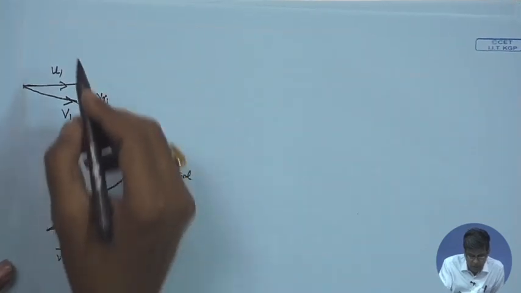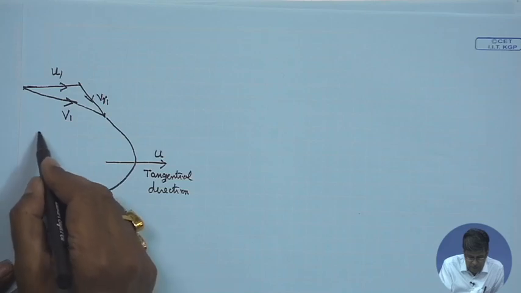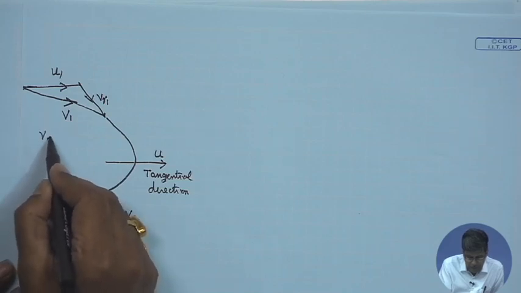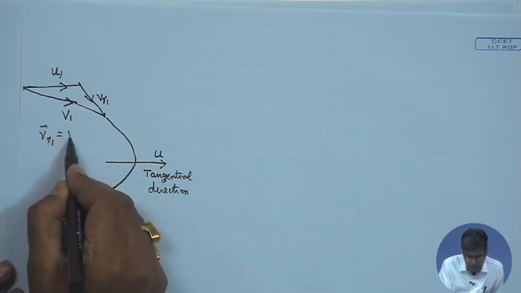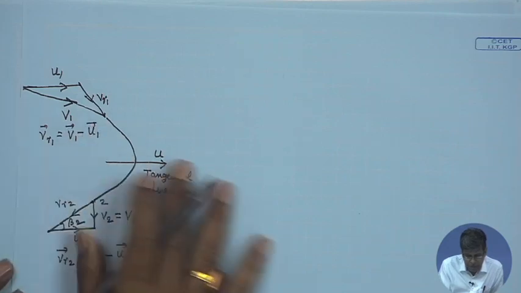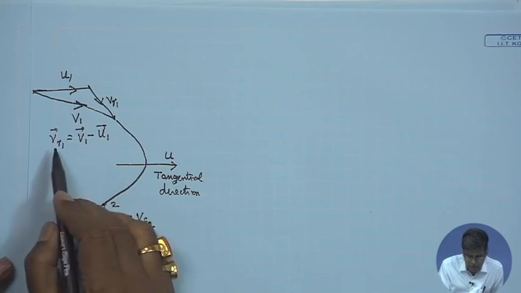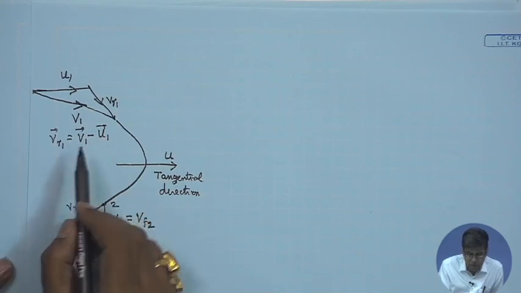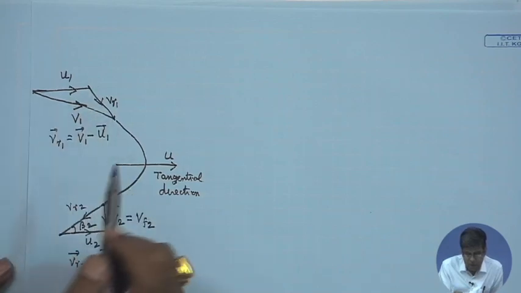Here also, if you write, you will see that VR1 is equal to V1 minus U1. So, U1 plus VR1 is V1, this way.